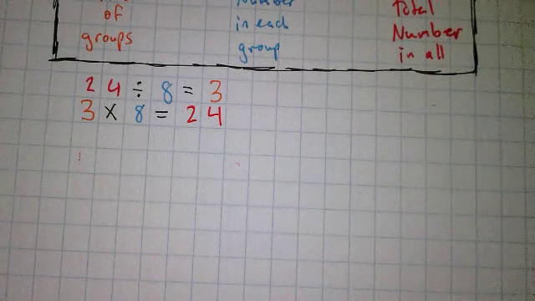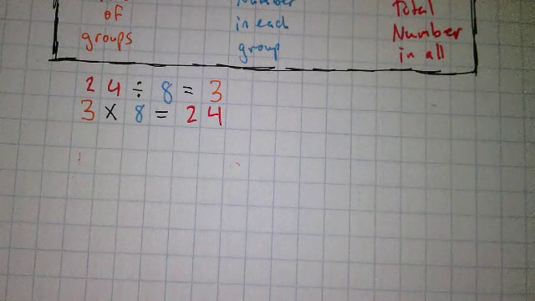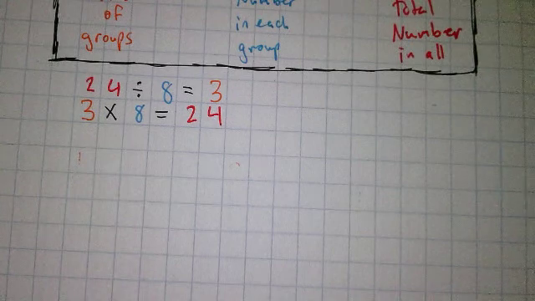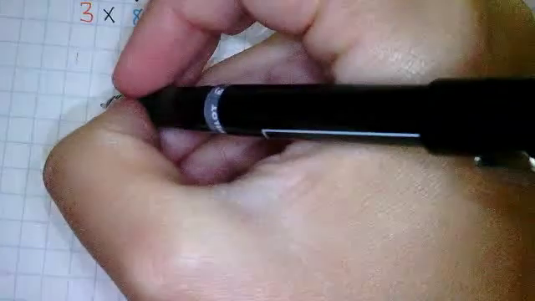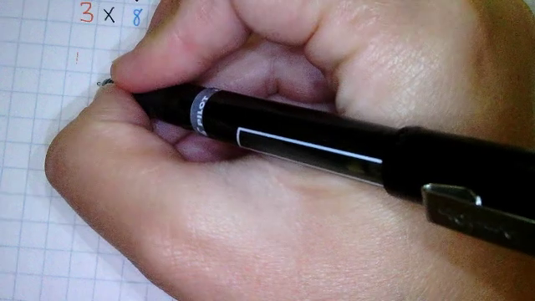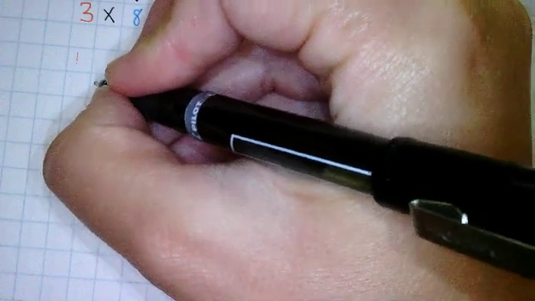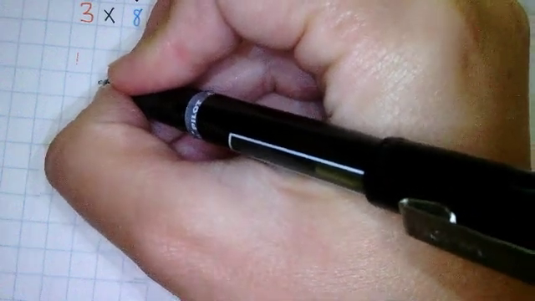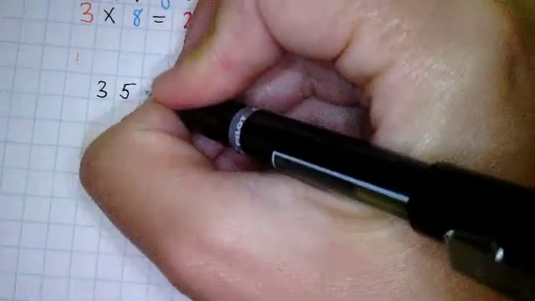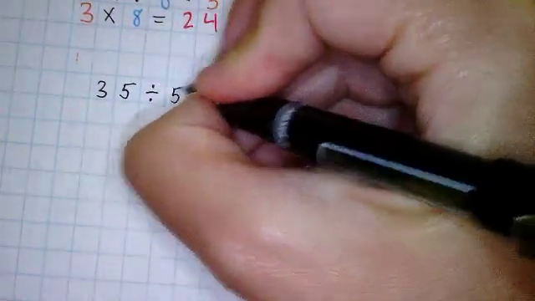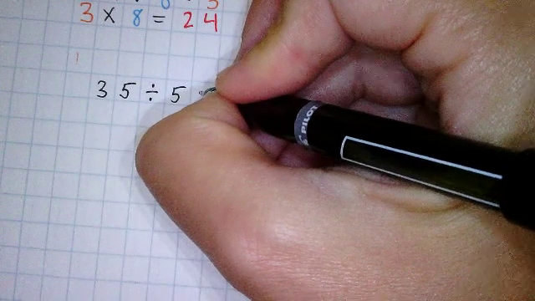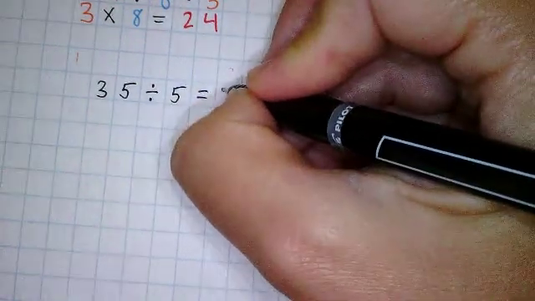So, let me give you an example of some of the problems that are going to be on your homework, okay? There are two different types of problems you're going to get. So you might get a problem like this.